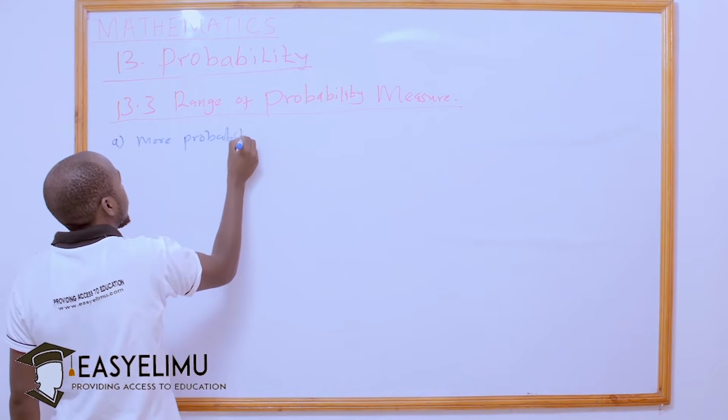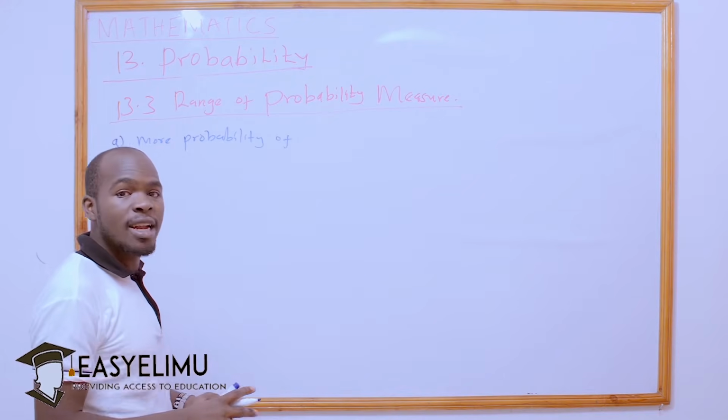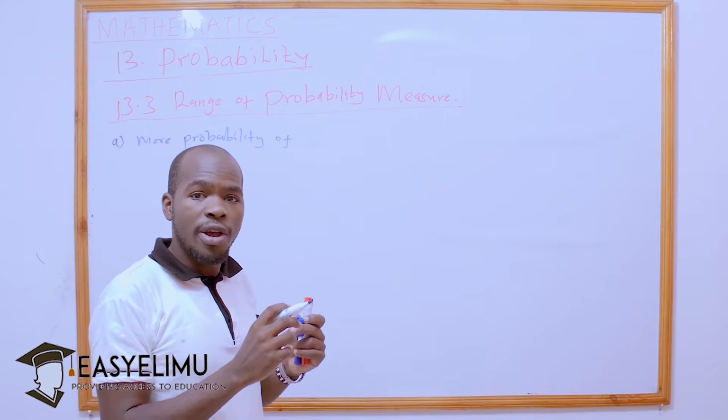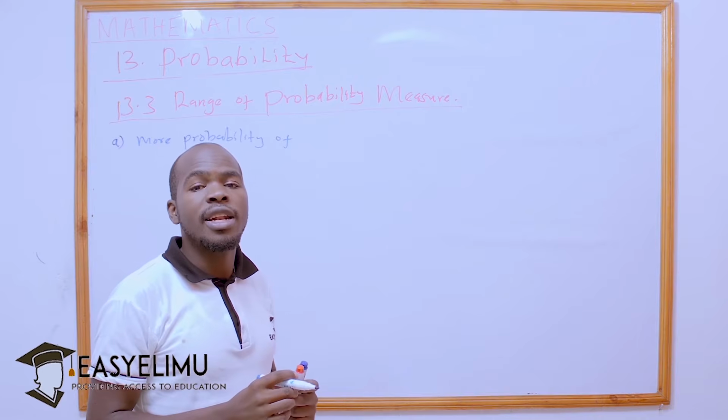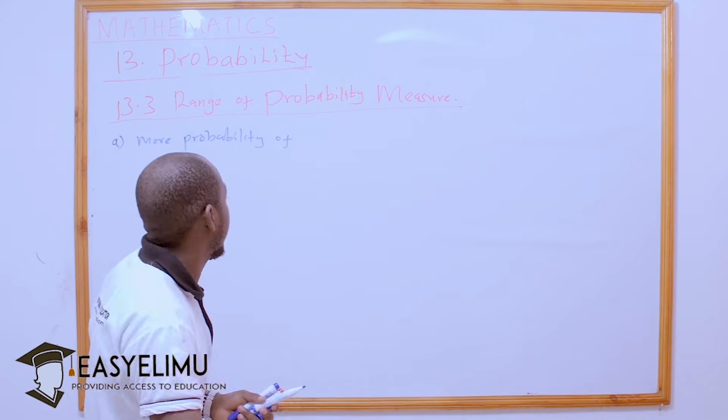Let's just say the greater the probability of a given event to occur, the more likely it is to occur. That is our fact.